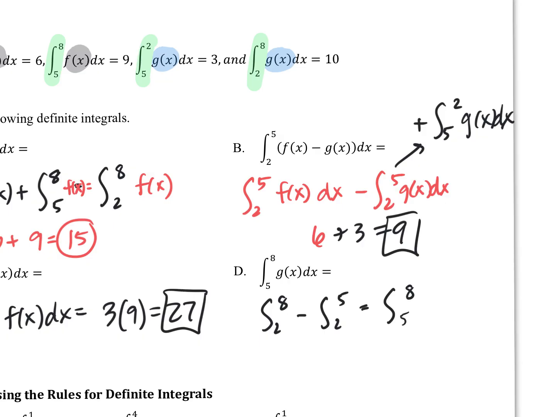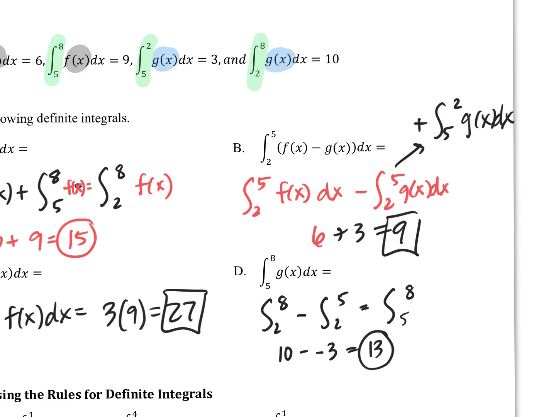A big old area from 2 to 8 minus 2 to 5 would leave me with 5 to 8. So then I'm like, all right, let's see what they gave me. From 2 to 8, I know that one's 10. Minus, don't you agree we have to flip those bounds? So wouldn't it be plus 3 there, because it'd be minus a negative 3. And that's where we're going to get our 13.